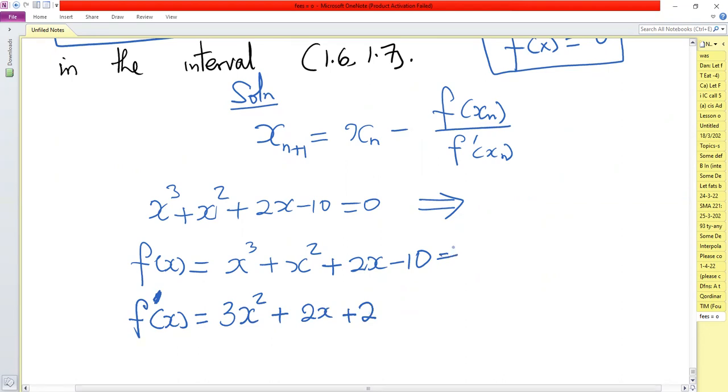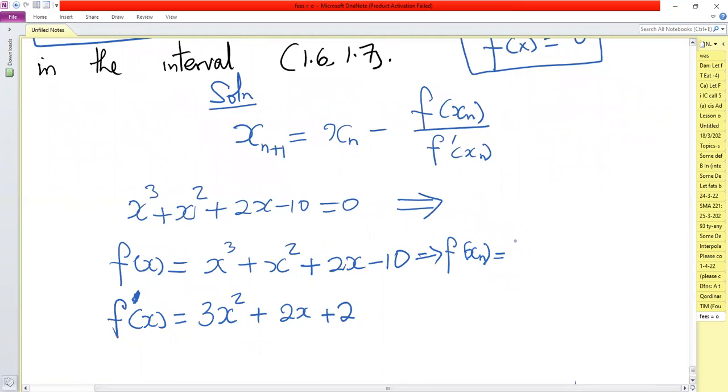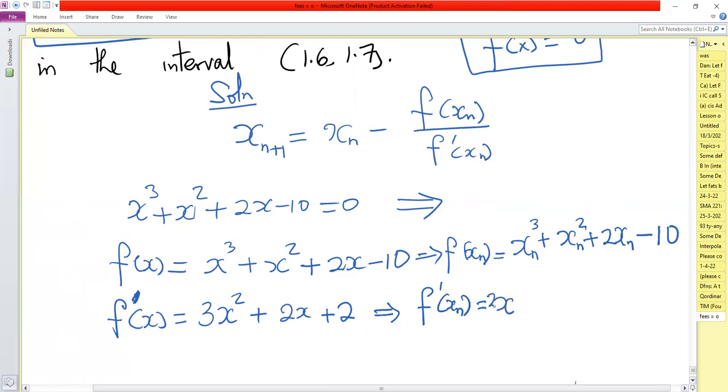Which simply means that for f of x_n, we write the same function but replace x with x_n. So we'll have x_n cubed plus x_n squared plus 2x_n minus 10. And this means f prime at x_n will be given by 3x_n squared plus 2x_n plus 2.